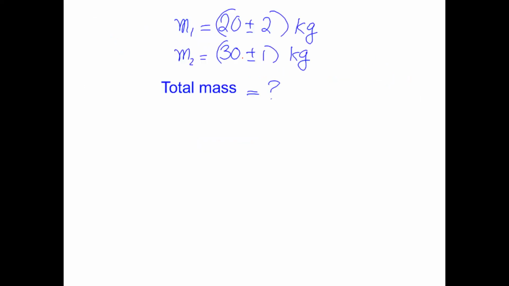I have a mass M1, 20 plus minus 2. Second mass is 30 plus minus 1. And I want to find the total mass. Total mass will require me to add the numbers.